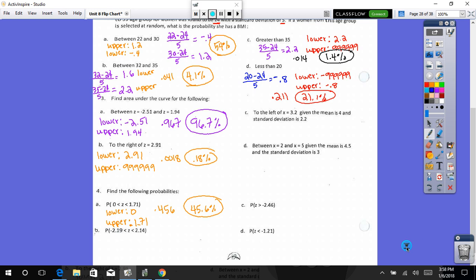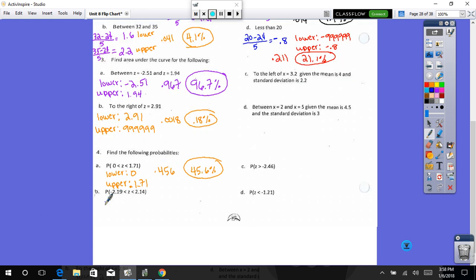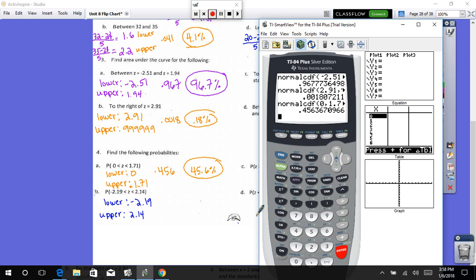And letter B on this last column right here, a lower of negative 2.19. The upper is 2.14.